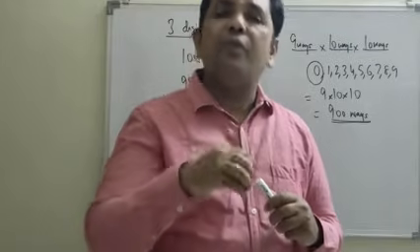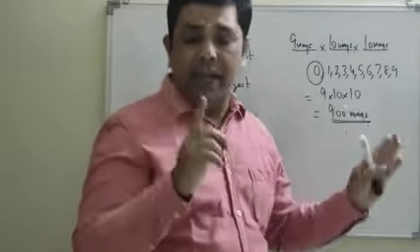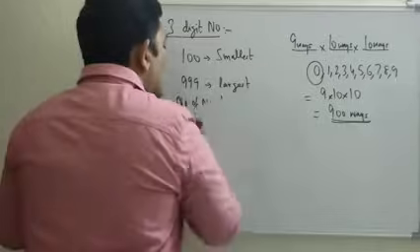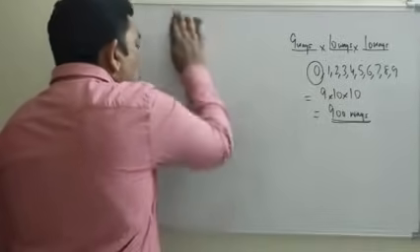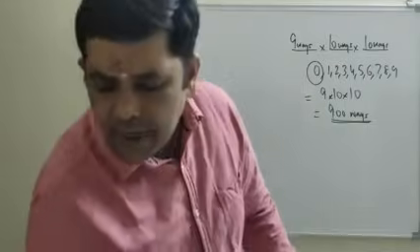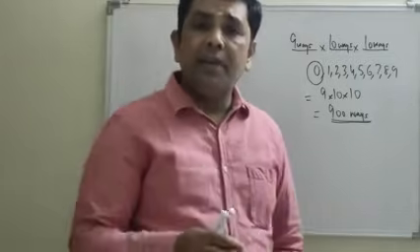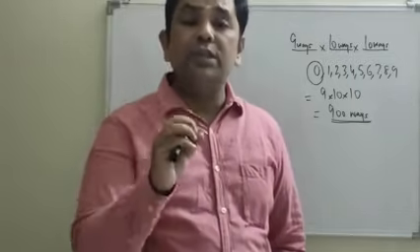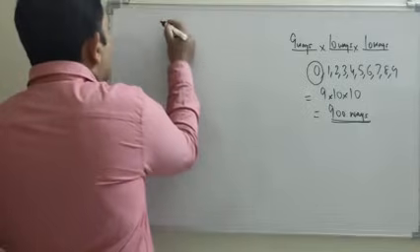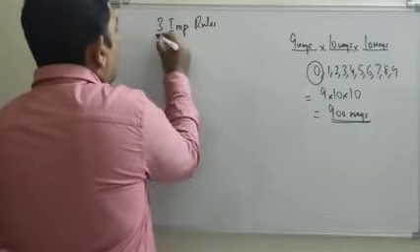But before we move on, let me tell you a few things that you have to take care always. When we talk about formation of numbers using digits, there are 3 important rules that you must keep in mind.